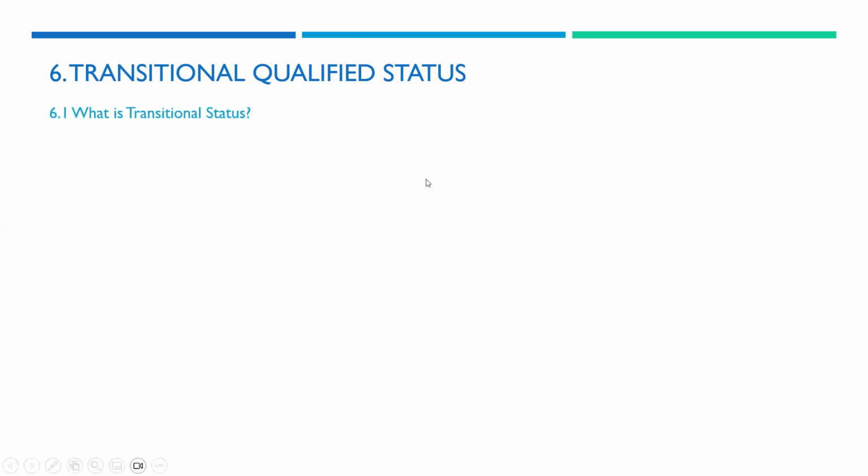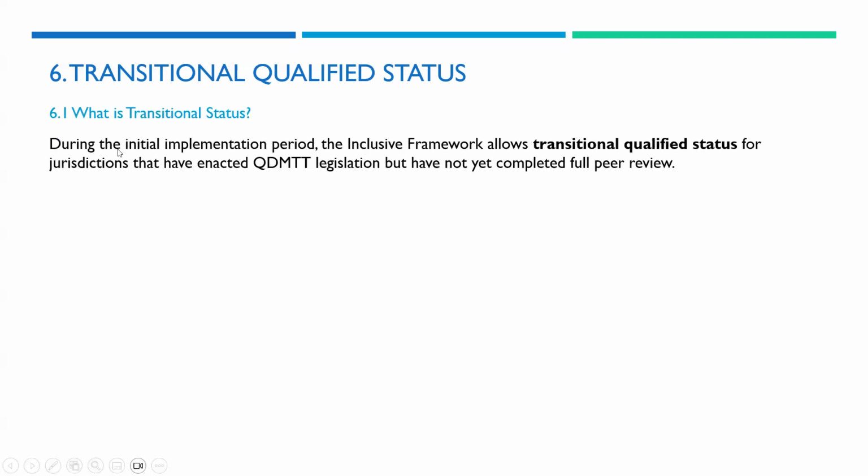Basically, it means during the initial implementation period, the Inclusive Framework allows transitional qualified status for jurisdictions that have enacted QDMTT legislation but not completed full peer review. So the DMTT domestic legislation came out, but it's not really checked by peer review to ascertain whether they have functional equivalence, 15% minimum rate, and administrative similarity.